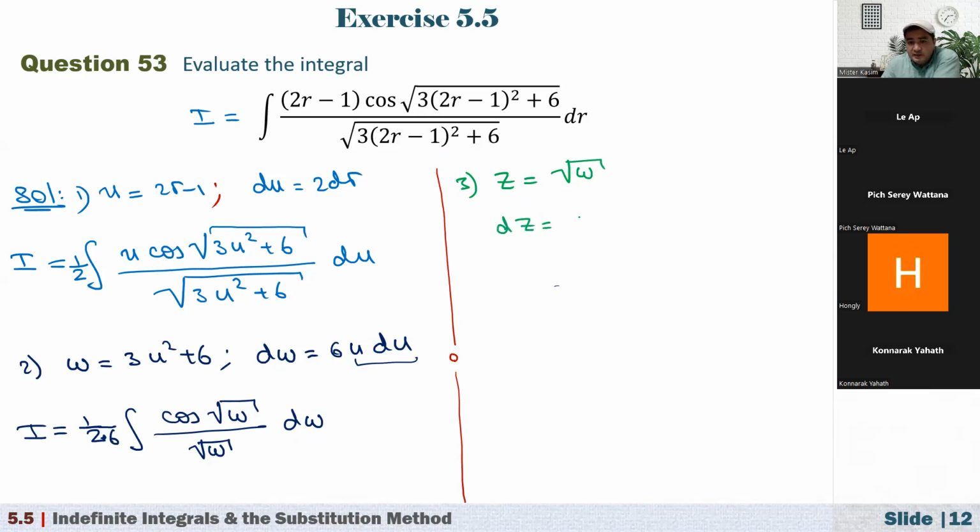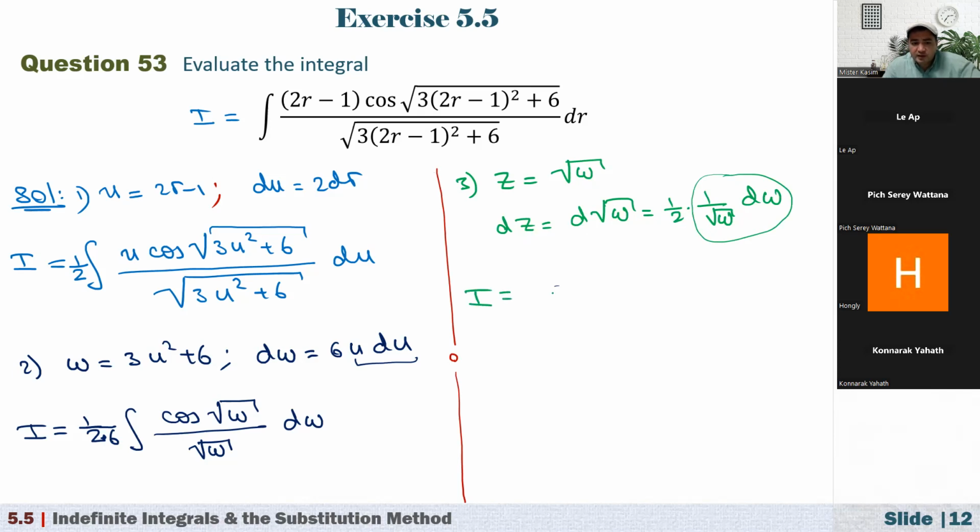I mean z, that is the differential of square root of w, right? And that's equal to, if you differentiate this, 1 over 2 times 1 over square root of w, and here we have dw, right? And see here, instead of this dw over square root of w, I can write 2 times dz, okay?